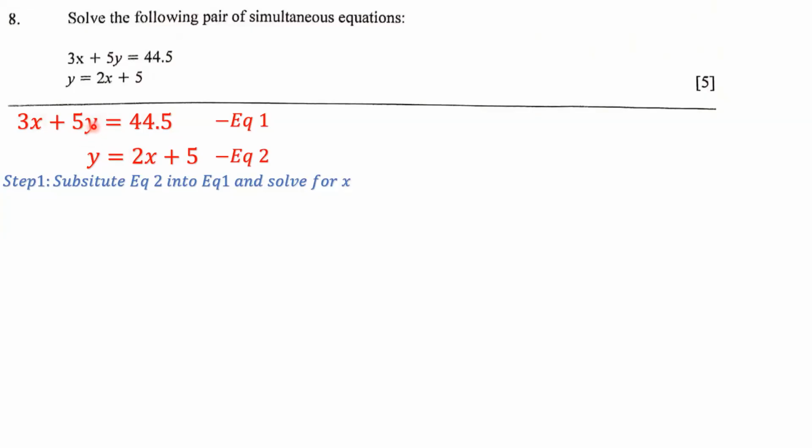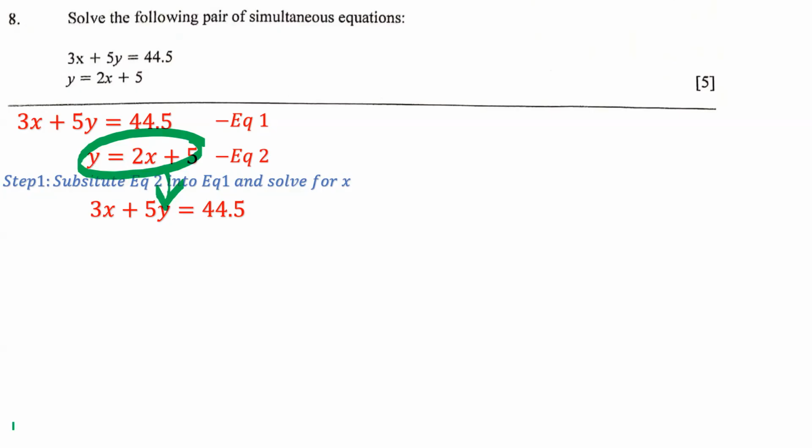Equation 1 is 3x plus 5y equals 44.5. Wherever we see y, we're going to put 2x plus 5, because equation 2 says y is equal to 2x plus 5.